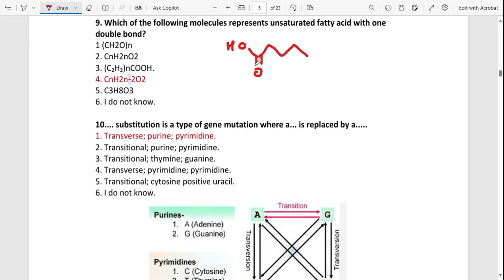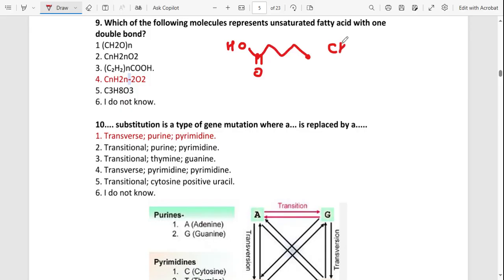You don't consider the double bond with oxygen, that is part of the functional group. This is a saturated fatty acid. If you look at the formula for this one, at the end here, you have got a carbon bonded to two oxygens and a hydrogen, right? Okay, but let me start from this end.